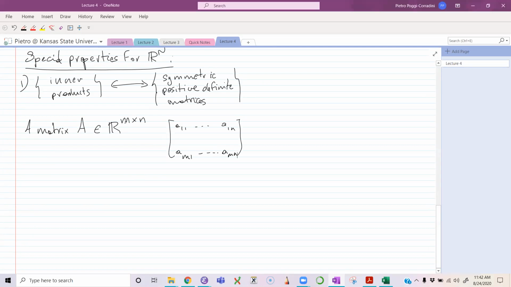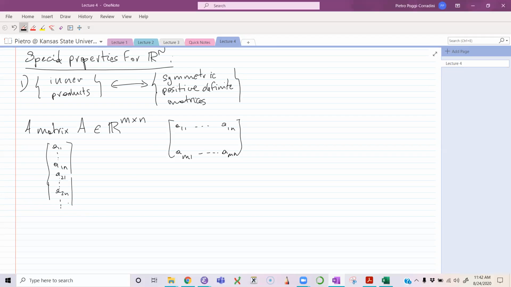It's a little bit of an abusive notation because R^(m by n), the way we think about it, is a column vector, right? Things in here would be a column vector where you would put all the entries kind of like this, one after the other, in a kind of flattened array type of situation.